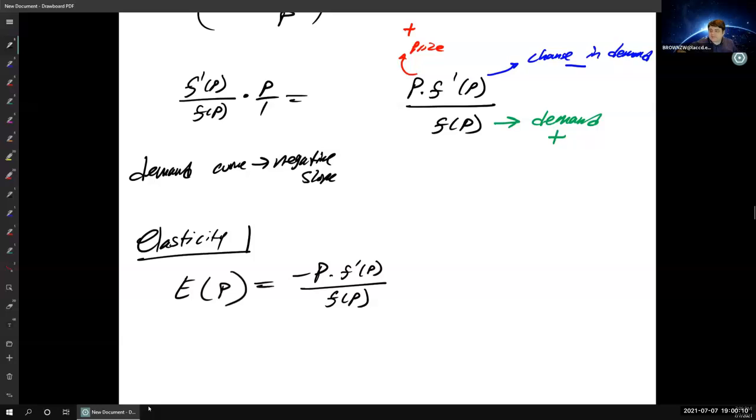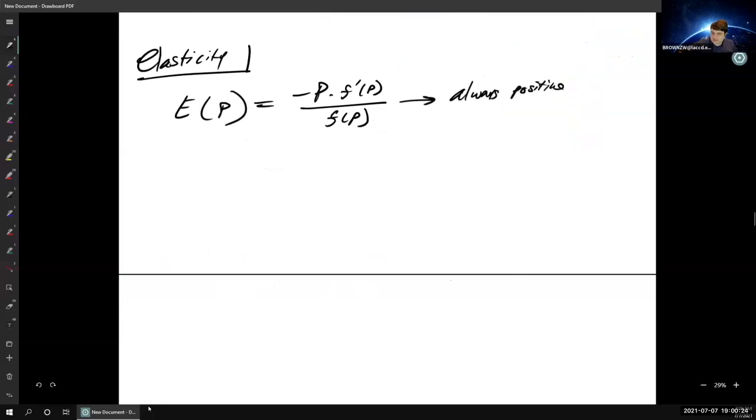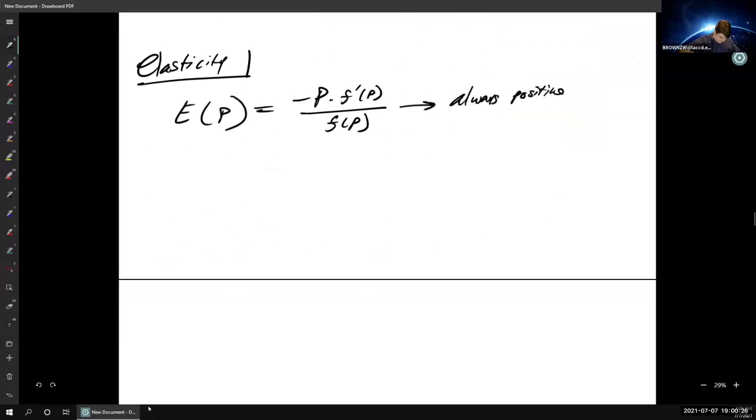We have this negative that's inherent because it's just going to make this a number that's always positive. Okay. So this is the thing you need to write down, have in your notes. This is the formula we're going to use.